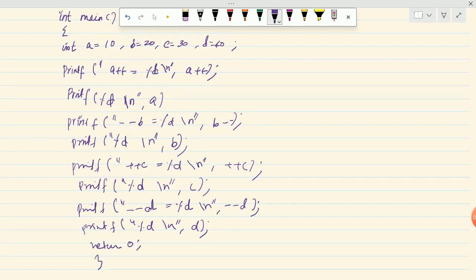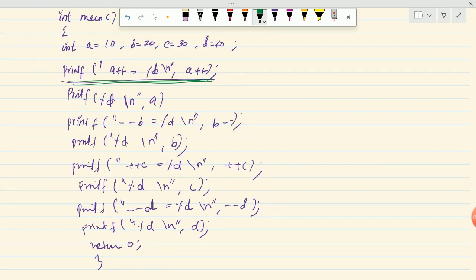Now we'll see what is happening here. I said plus plus means it is incrementing by 1, minus minus means it is decrementing by 1, right? In the first statement, a++ is going to print this. What is the meaning of a++?